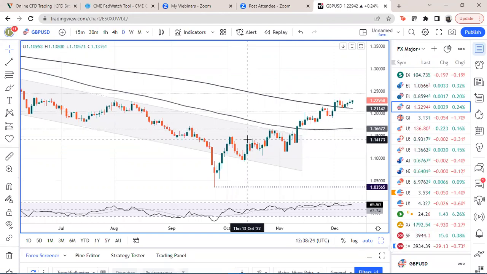Before that, we do get UK CPI on Wednesday. That could have an influence on the Bank of England's MPC decision. Just briefly running through that, last month's reading was modestly firmer than expected at 11.1% year on year, an increase which was largely due to the introduction of the energy price guarantee, which caps household energy bills.